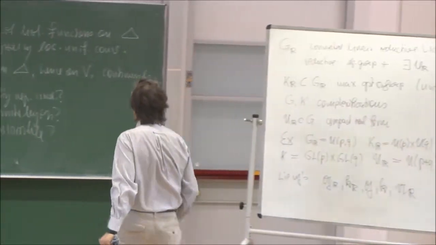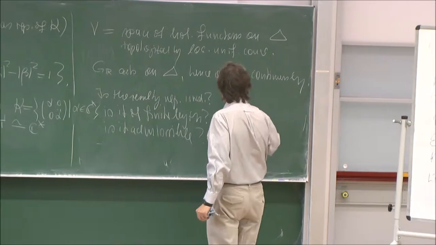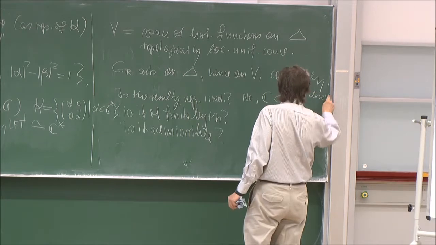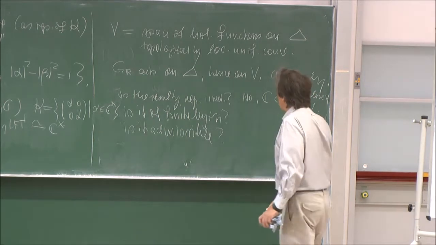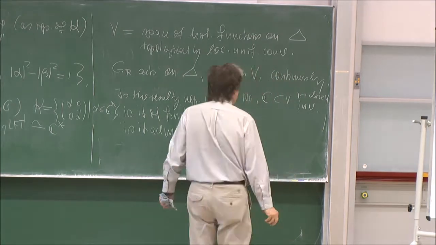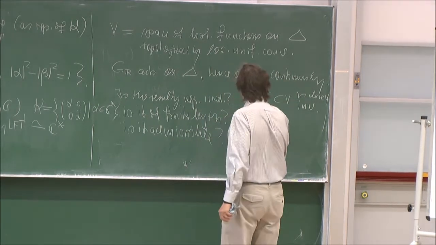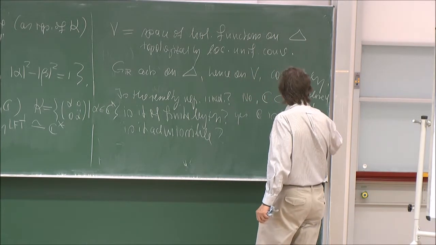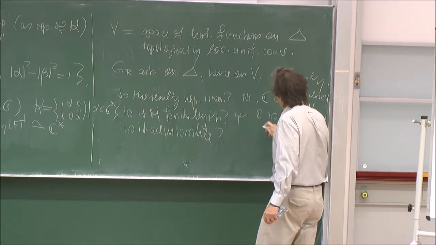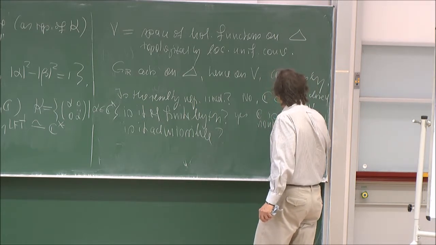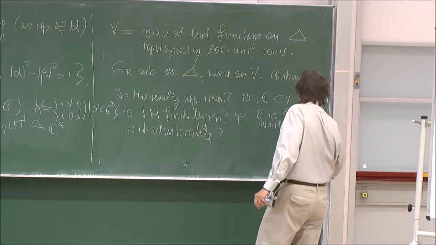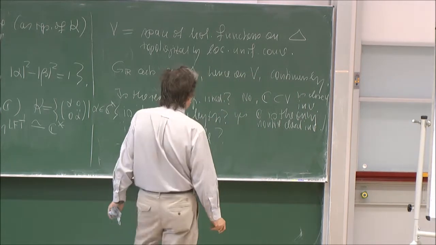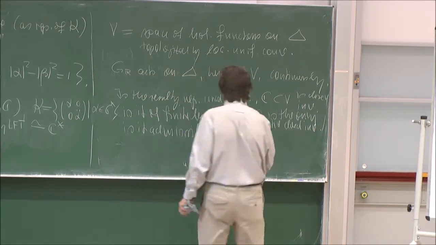So the answer is no. C is indeed closed and invariant. But then it's not difficult to show, and it's pretty obvious, that C is the only non-trivial closed invariant subspace. So it does have finite length. And is it admissible? Well, the answer here is yes.